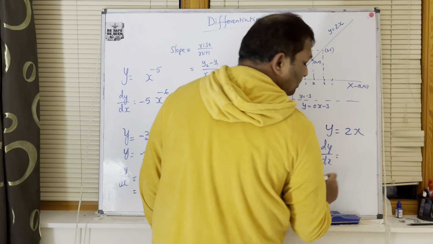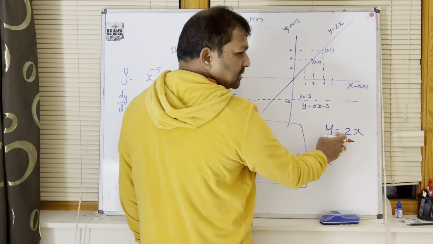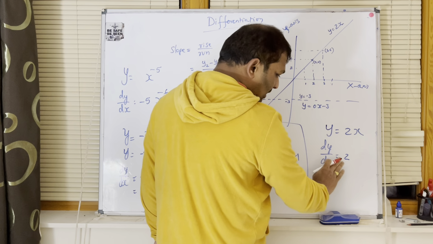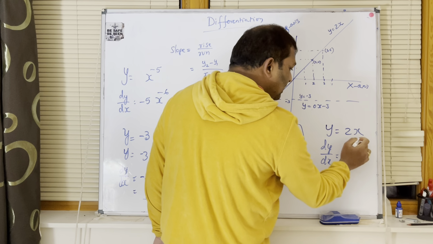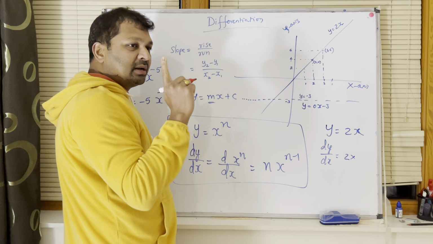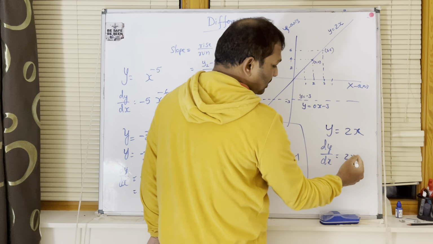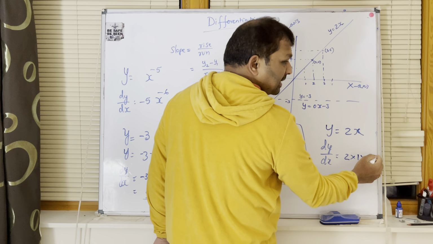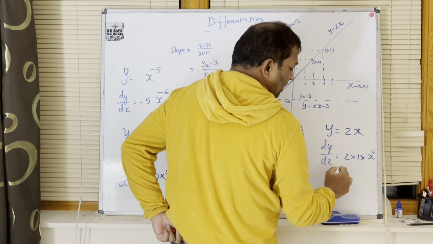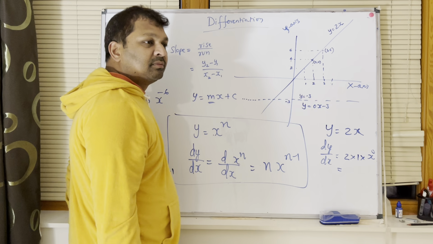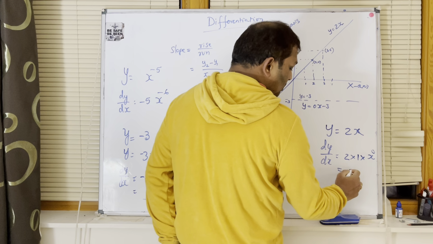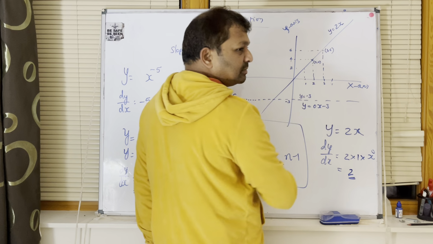There is a fixed coefficient, so keep it aside and multiply with the differentiation of x. What is x to the power of 1 differentiated? The power comes down as 1, and x to the power is reduced by 1, giving x to the power of 0, which is 1. So 2 into 1 into 1 is 2.